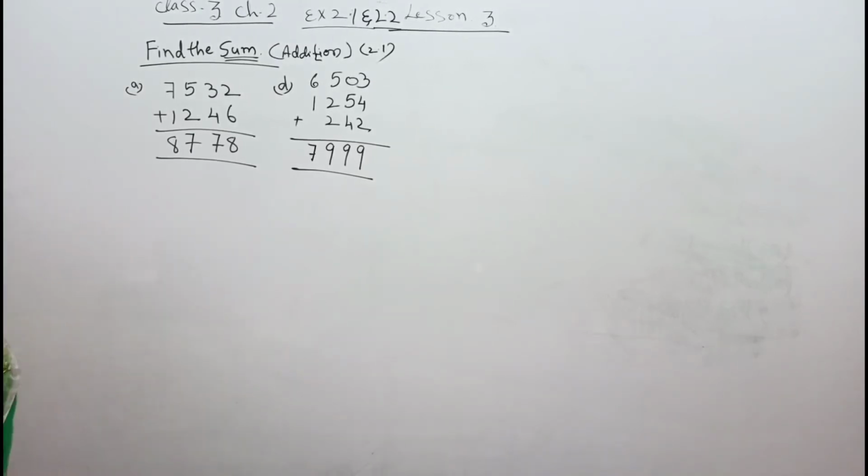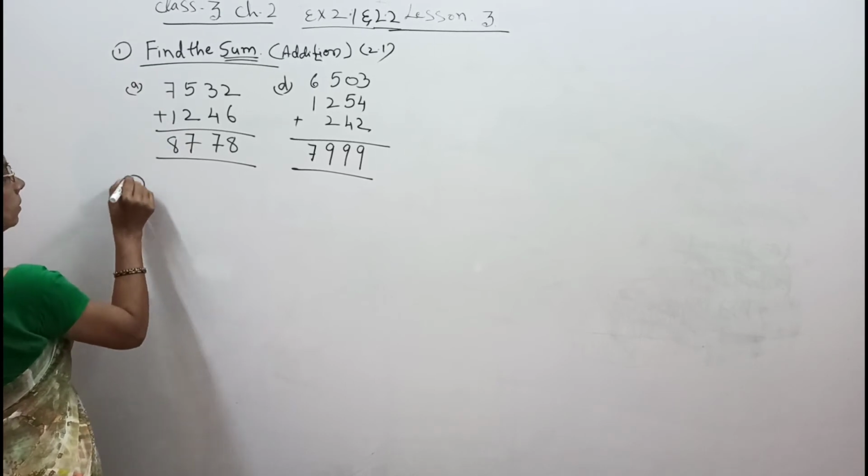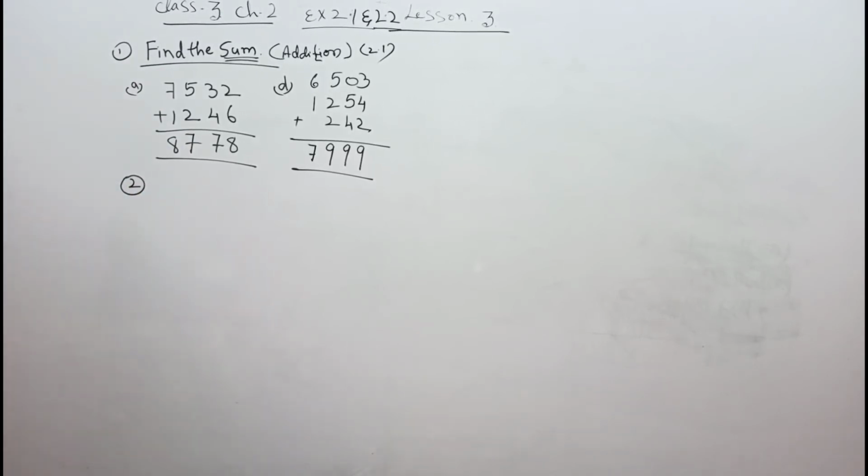Now we have to go for another type, that is the second one. This one is first, and the second one is: arrange in columns and find the sum.